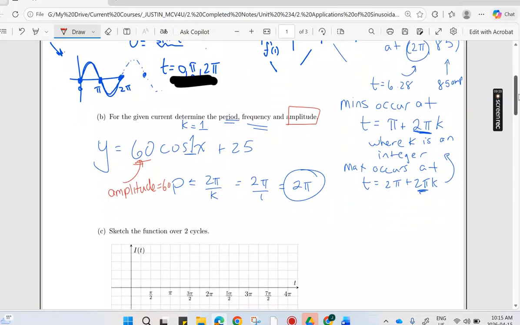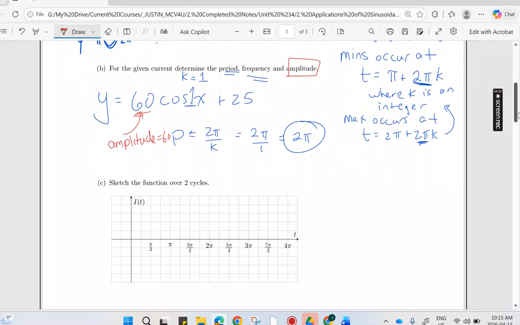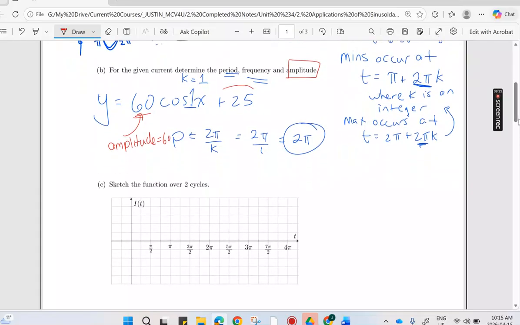All right. Sketch the function over 2 cycles. This is a review of advanced functions. So to sketch this, we've got 25 as our center line. There's no scale given here, and I know I need to go up to 85. So let's see, 25, 50, 75. We can do 20, 40, 60, 80.